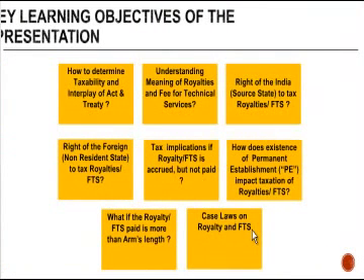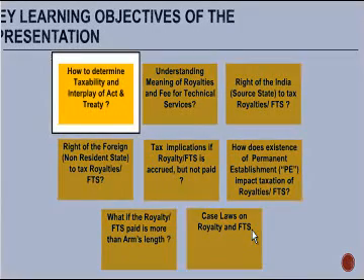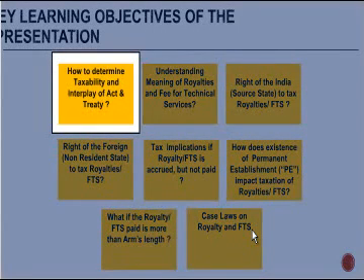So let us look at the key learning objectives of this presentation, and we'll go through them one by one. This is basically going to give you an insight into what you are spending your time on and whether it is covering what you require. The first thing is how to determine the taxability and the interplay of the Act and treaty.